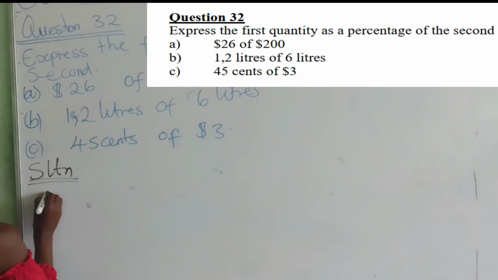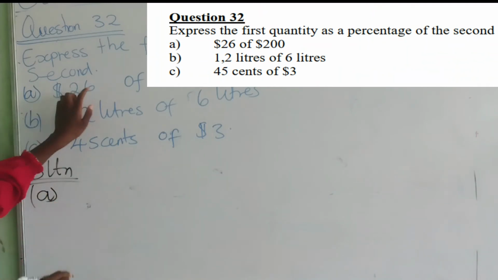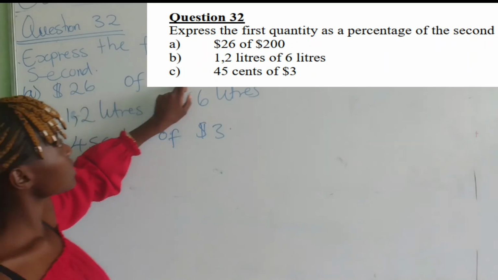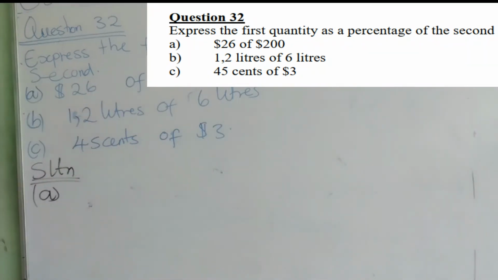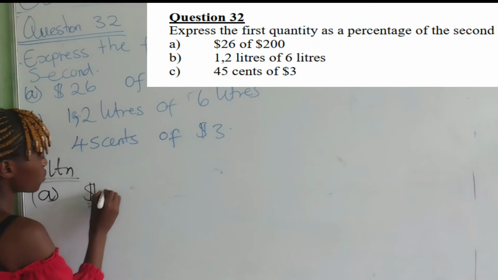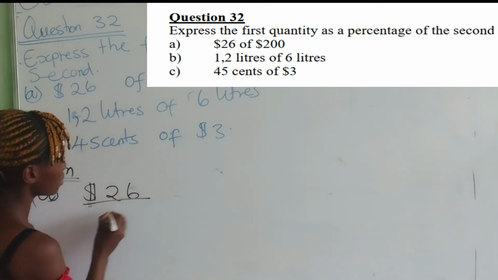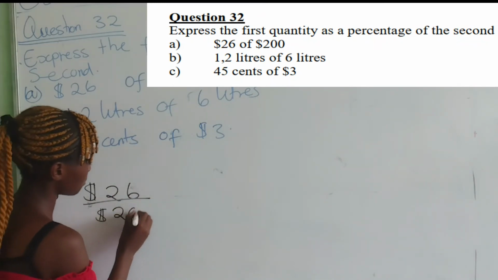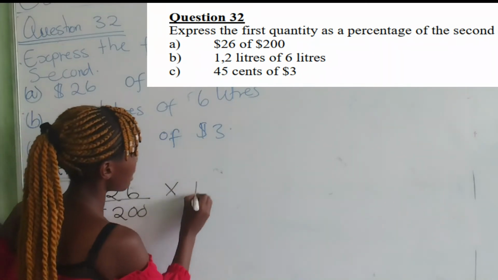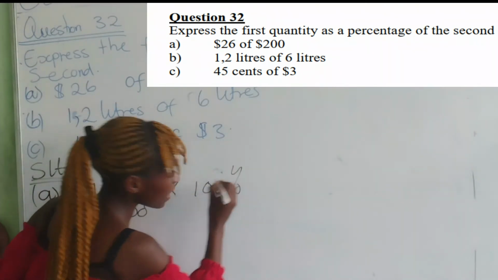And for part A, express the first quantity as a percentage of the second. So it's going to be $26 over 200 times 100%.